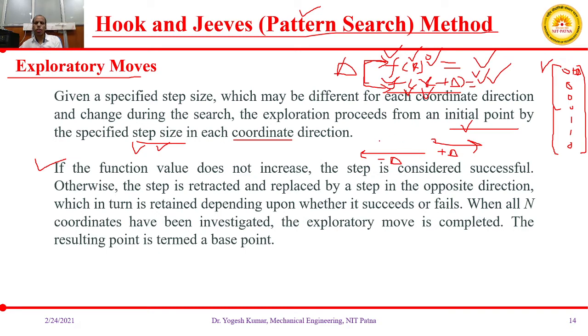Here also we will get some value of function, f(x minus delta) equal to some value, and again we will compare this value with f(x), the value of function at the initial starting point.